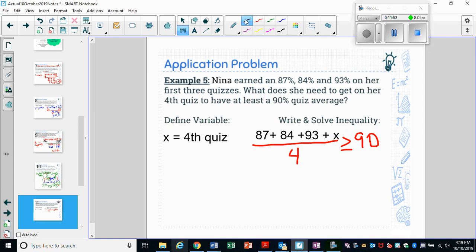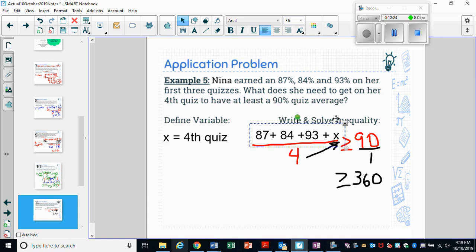So, just like before, rewrite 90 over 1. And now we do our cross multiplication. So 4 times 90 is 360. And it's going to be greater than or equal to. Now 1 times this whole expression just stays as that expression.